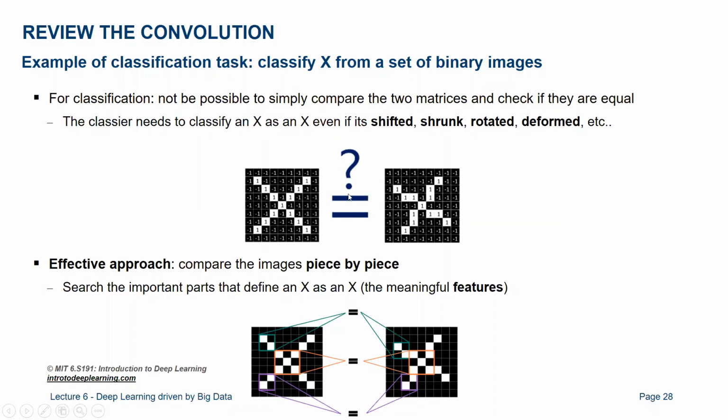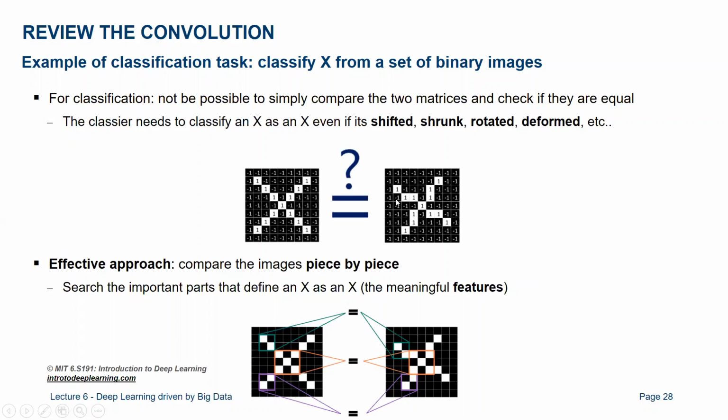If I just do a comparison and I see these are not equal, then I would say directly this is not an X. But this might not be true, because the X might not be in the same shape, it could be distorted, there could be some noise or illumination problems, so anything related to the representation of the object might be different from an ideal one, but it's still an X, right? So this is not the main strategy that you would use.